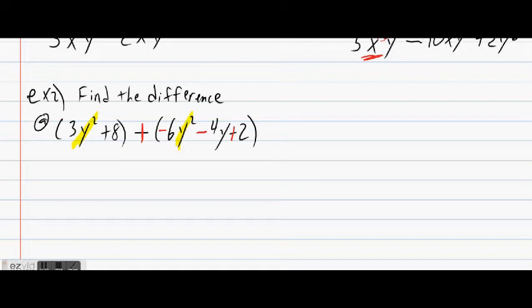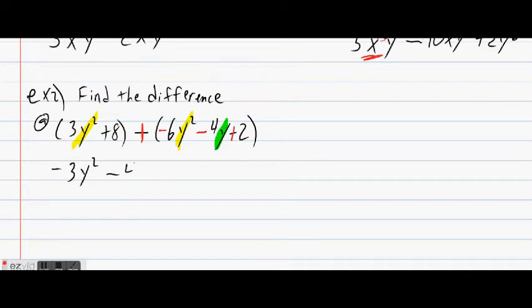y squared, y squared. So 3 minus 6, negative 3y squared. And I bet you're saying, but it looks the same. But wait. In this first binomial, there's no y to the first term, but I have a y to the first term there.